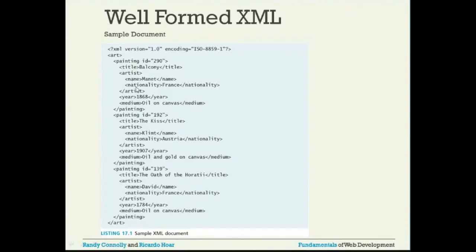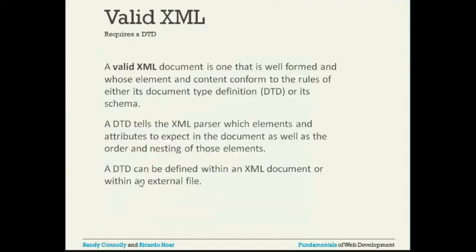The name and nationality are the children of the artist. Then we have year, which is a child of the painting. This is an integer. Then we have the medium. Medium is another element. This is opening and closing. So if you see here, we have three sets of painting. That is how this XML is structured.